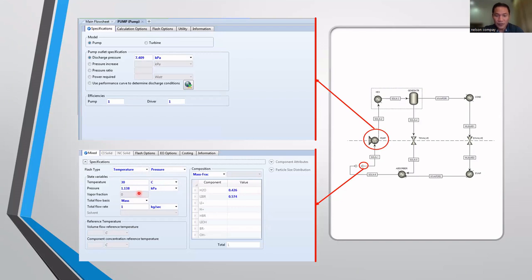This is equivalent to the evaporator saturation pressure, and a mass flow rate of 1 kilogram per second of lithium bromide water strong solution. Next is the pump, which has a discharge pressure of 7.409 kilopascal, that is equivalent to the condenser saturation pressure.